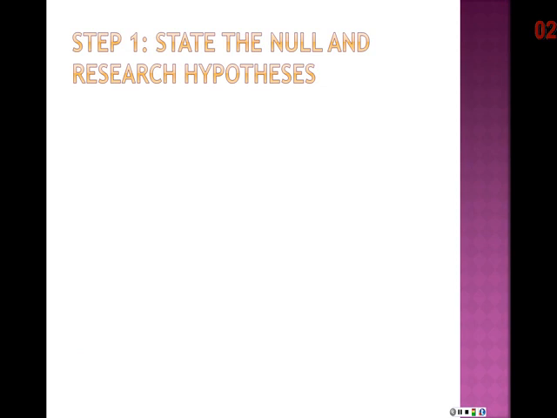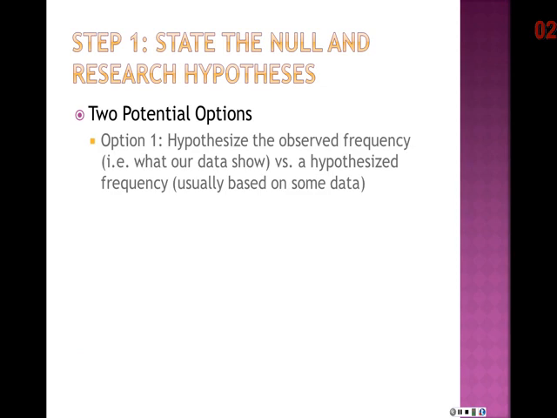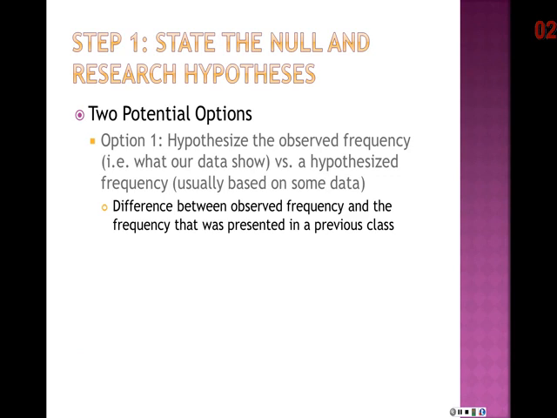So step 1, we need to state the null and research hypotheses. And we have 2 potential options in this case. Option 1, we can hypothesize the observed frequency, which is what our data show, that's the actual frequency we have, versus a hypothesized frequency. And the hypothesized frequency is usually based on some other piece of data, right? So let's give an example.